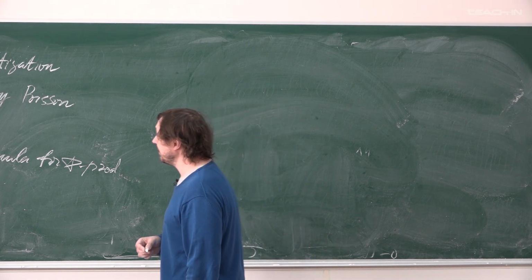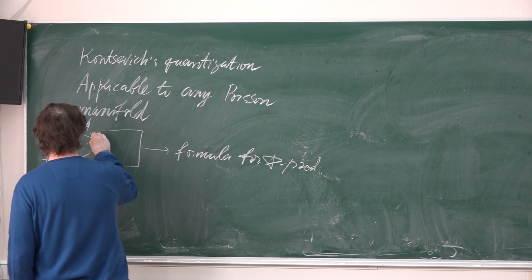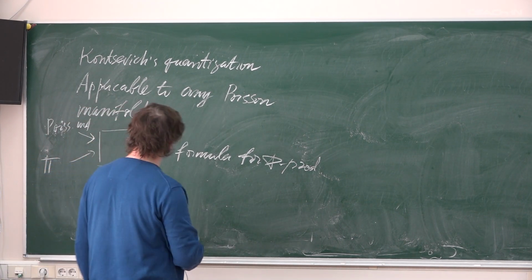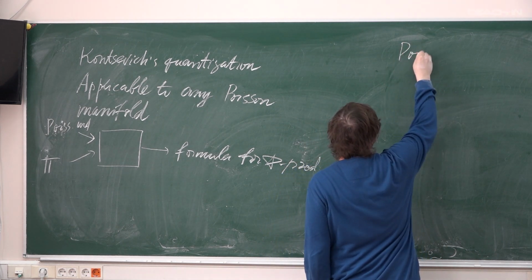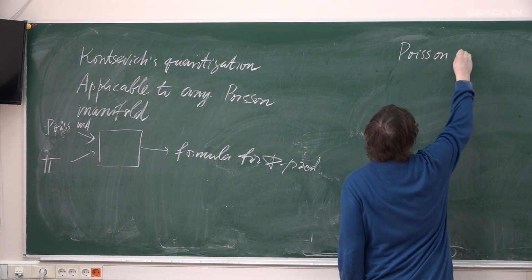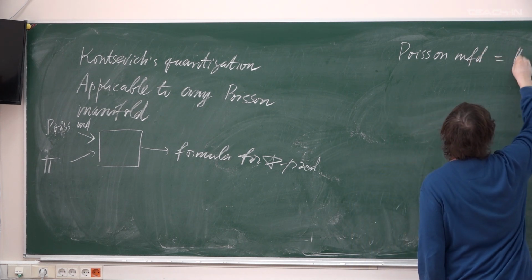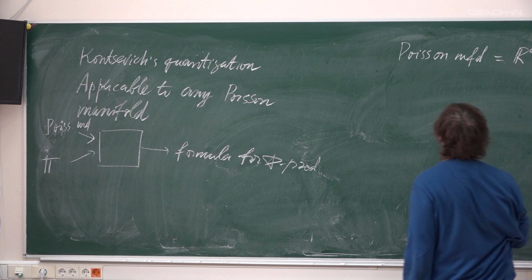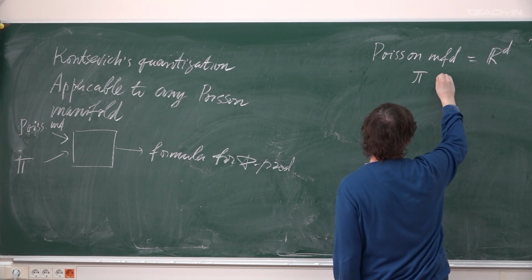So I'll concentrate on the case when the Poisson manifold is equal to just Euclidean space, but the Poisson structure is genuine.